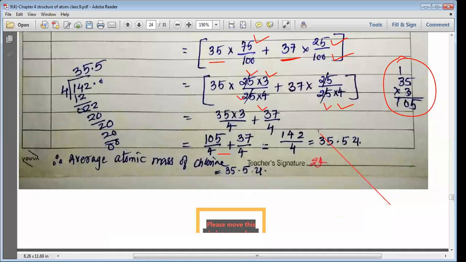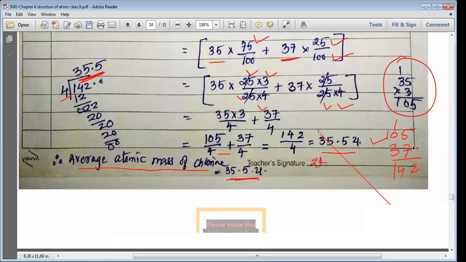We have the same denominator, that is why 105 plus 37, you can do it, my dear students, and that is 142 divided by 4, which on division gives 35.5. That is why we can say that the average atomic mass of chlorine is 35.5. So that is what is written over here, that average atomic mass of chlorine is 35.5.